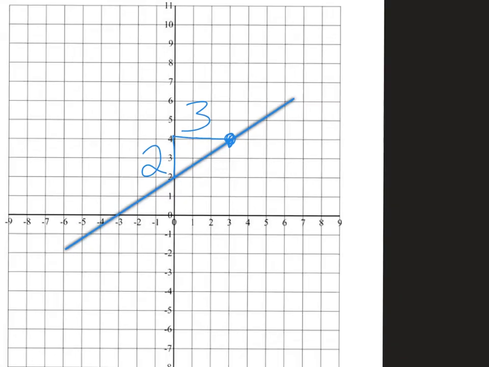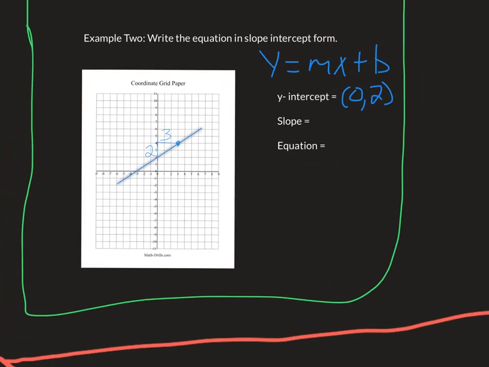So our slope would be 2 over 3 because it's rise over run. And from here, because we have our slope and we have our y-intercept, we just need to plug it into our equation. So we're going to have y equals 2/3 x plus 2. And there you go. And that's example 2.